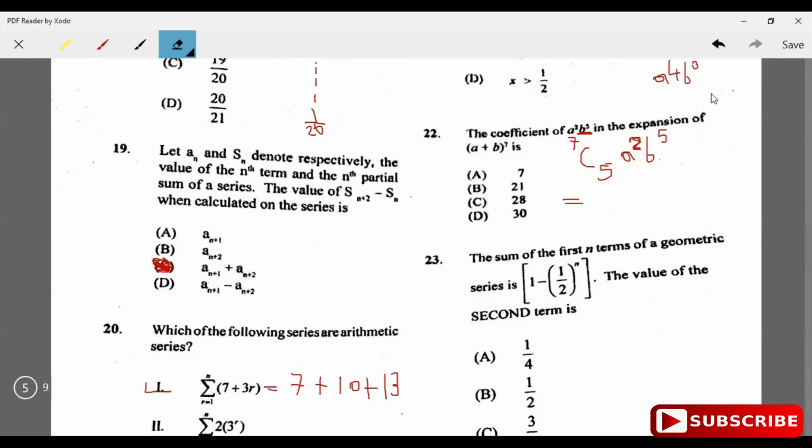In this case, it would have been 7 choose 3. So right here, the coefficient is 7 choose 5, which is 21. So that's how you work that question.